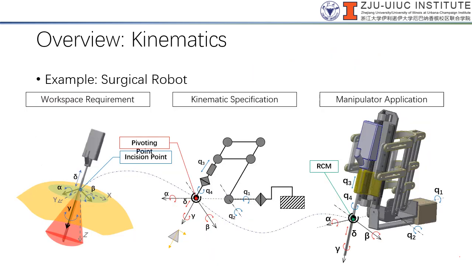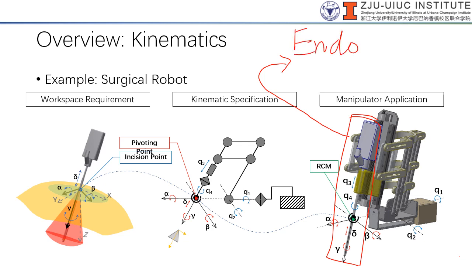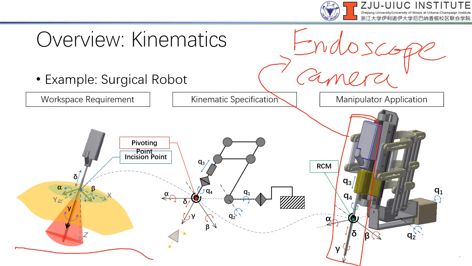One very good example in surgical robotics is a manipulator that holds on to a surgical tool. In this case, it is actually holding on to a camera, an endoscopic camera. So this is basically an endoscope with a camera function that helps to see what is inside the patient. This is actually the abdominal cavity.